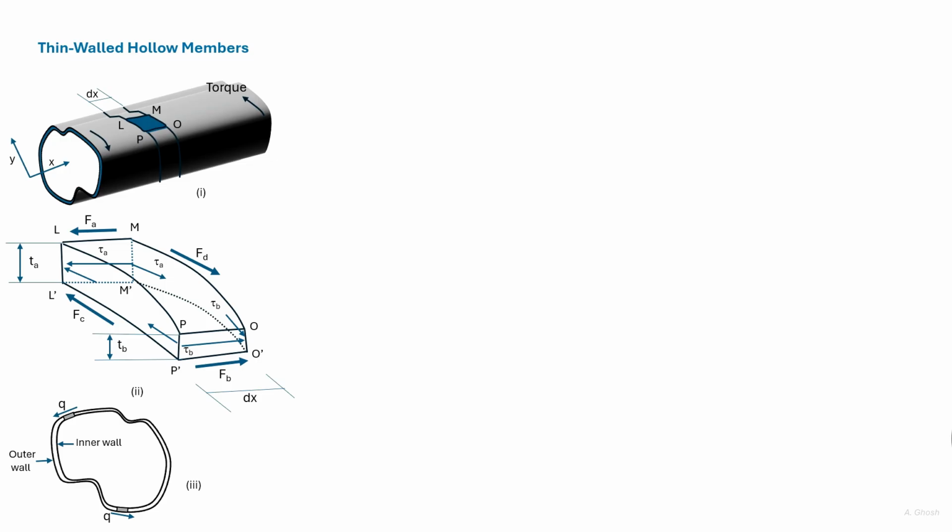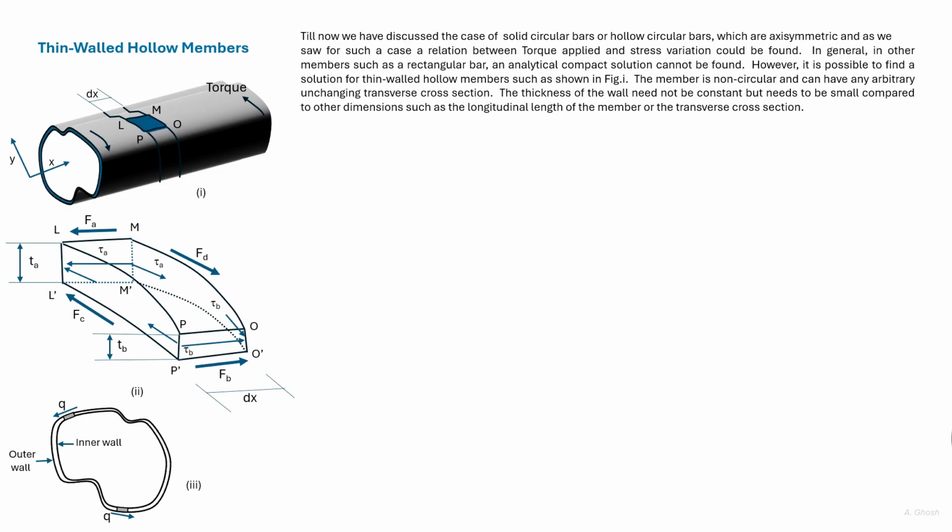Till now, the discussion has been on circular bars and circular tubes subjected to torque. These members were axisymmetric, and we could find out the variation of strain, and then using Hooke's law we found out the variation of stress.